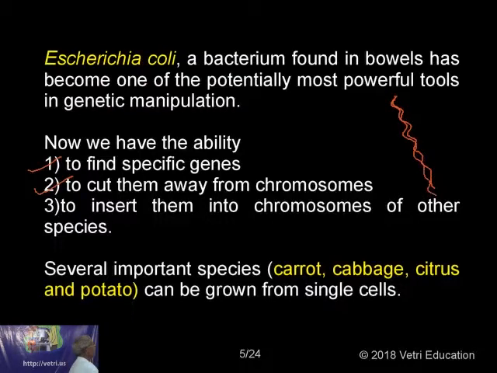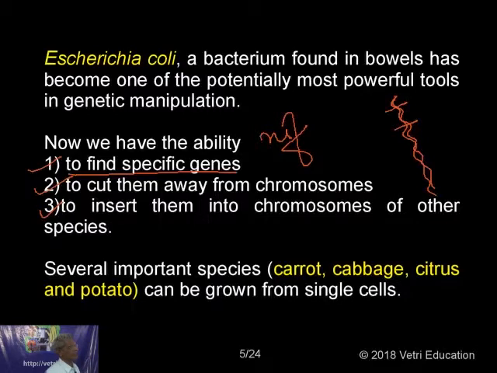The first step is to identify, to find a specific gene. You find a particular gene. So the NIF gene, let us say the nitrogen fixation gene, is responsible for fixing nitrogen and is found in Rhizobium. They are seen in the root nodules of leguminous plants.